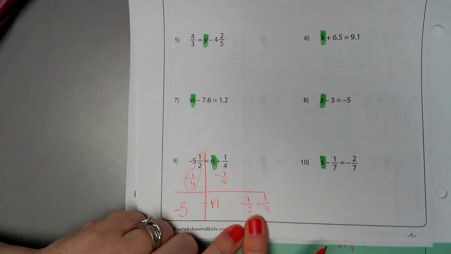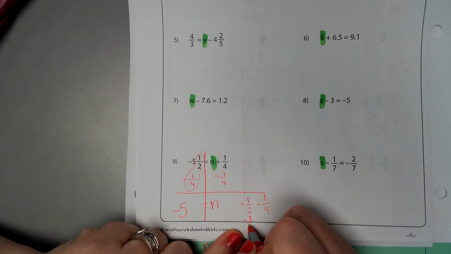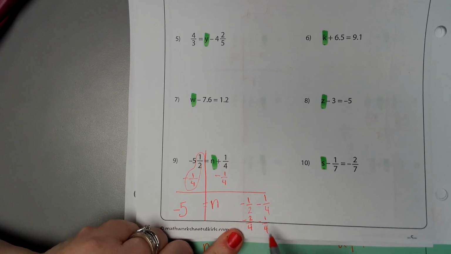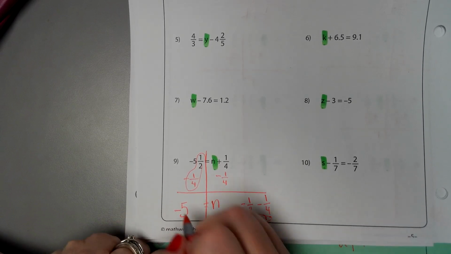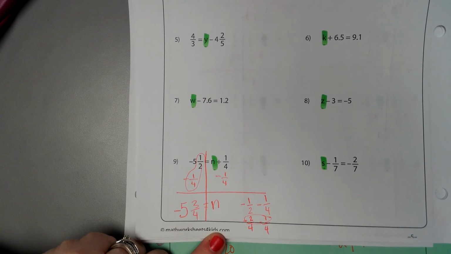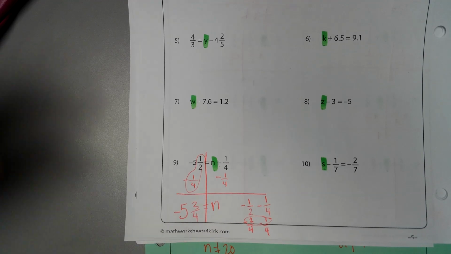Well, half has 2/4 in it. So I really have negative 2/4 minus 1/4. And I need to combine these, so I now have 3/4. You could have also used a calculator, which mine's right here.